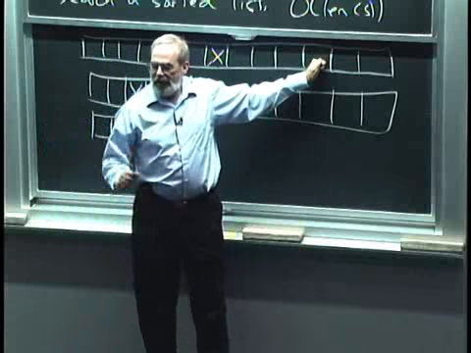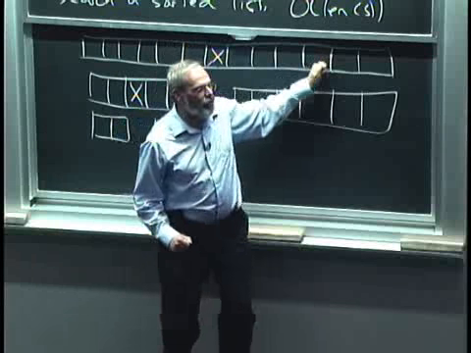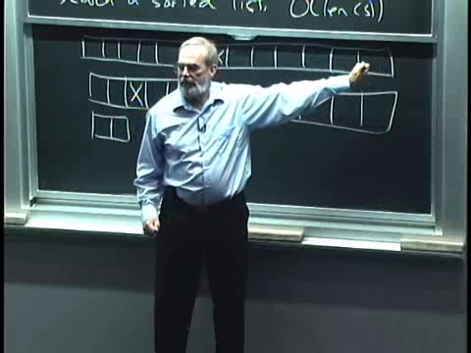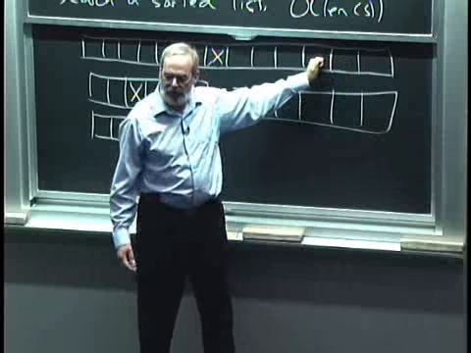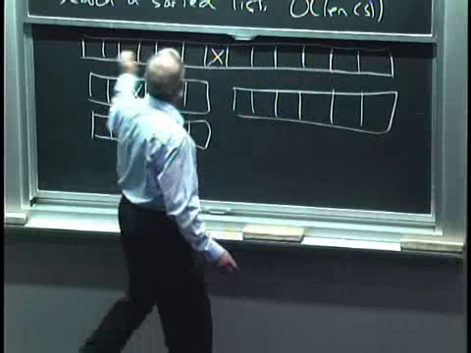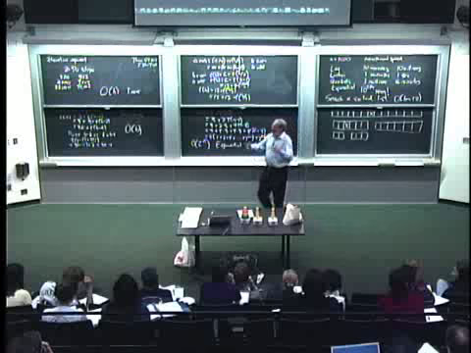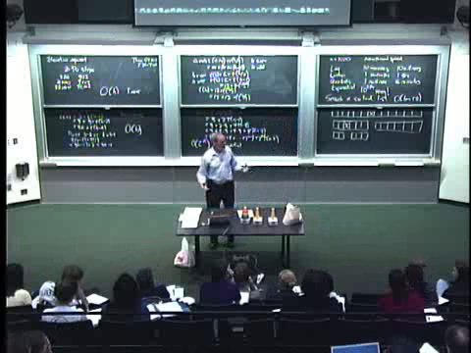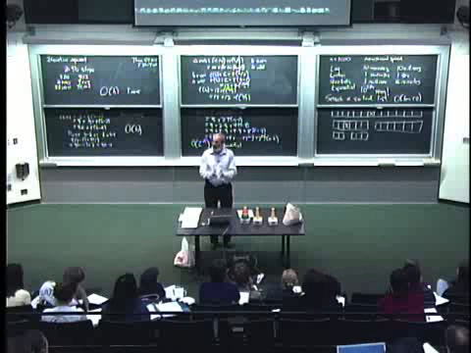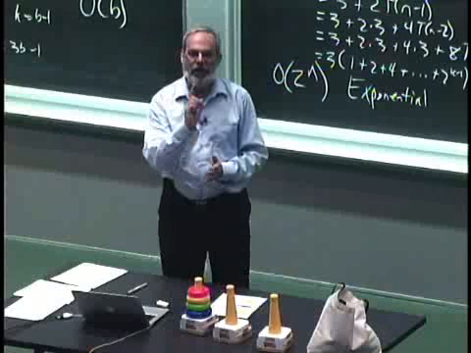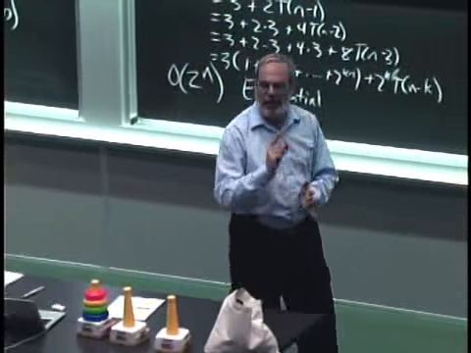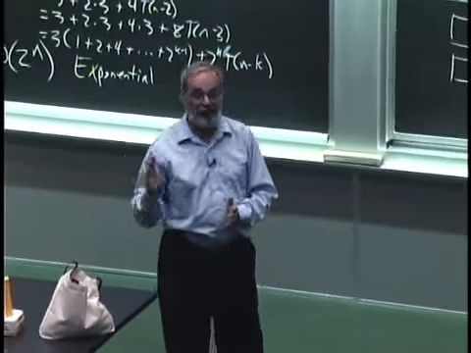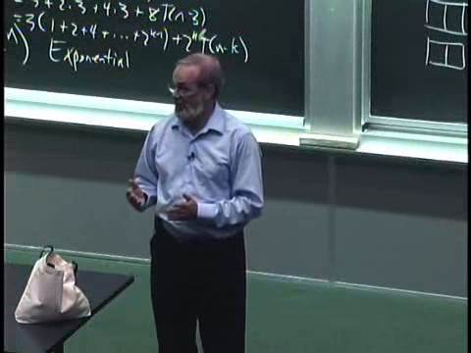If I'm gambling, I'm saying, gee, if I'm really lucky, it'll be only in this side, and I've got a little bit of work to do. But if I'm unlucky, I'm screwed. I've got to look at the rest of that big chunk of the list, and that's a pain. So halfway is the right thing to do, because at each step, I'm guaranteed to throw away at least half the list. And that's nice.